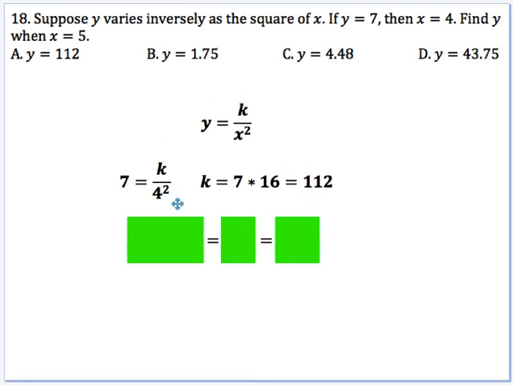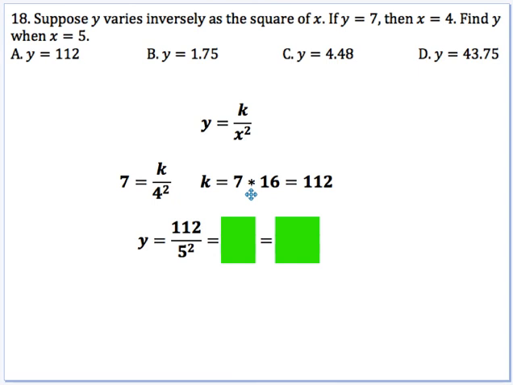Okay, so most of you are pretty good at this. It's this next step that you get messed up on. So when they tell you to find y when x equals 5, some of you will actually keep the 7 here and plug it in here, and we'll plug in the 5 squared here, and then leave your k value. I don't know why so many of my students are doing that, but they are.